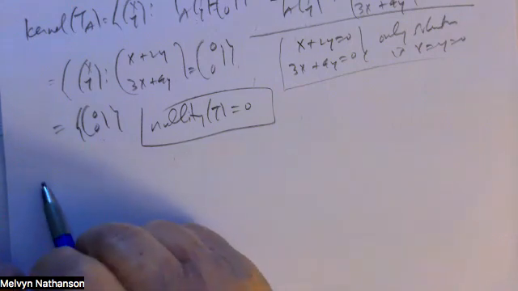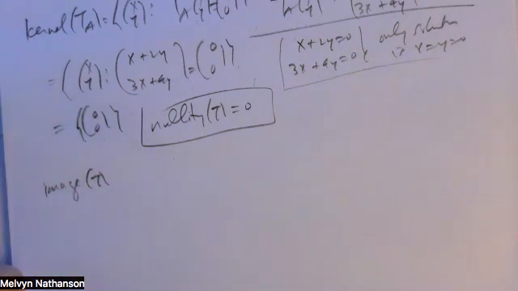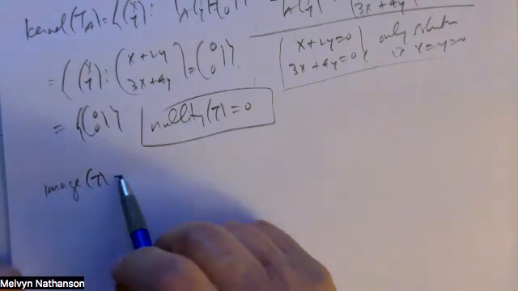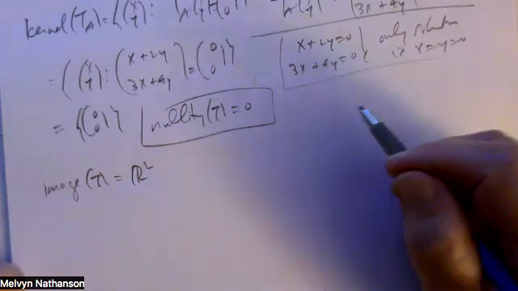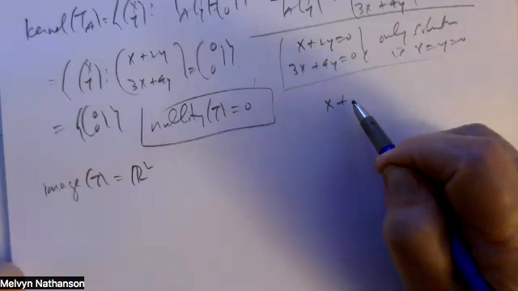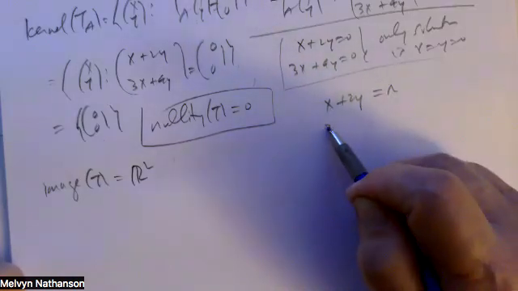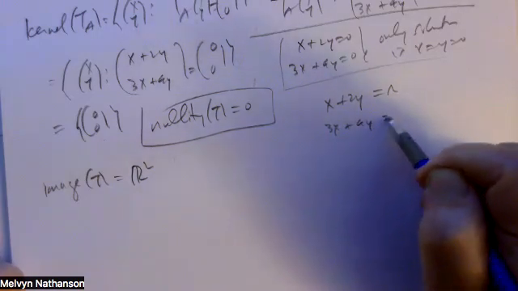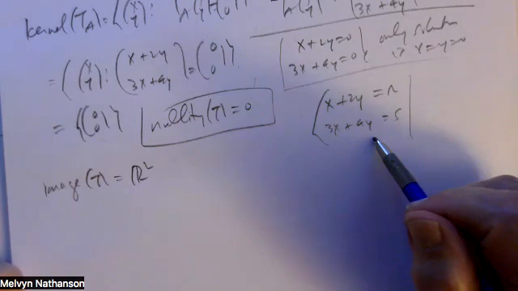And what is the image of T? Well, the image of T is going to be all of R2, because if I take any vector (R, S), let's say, I want to know whether I can solve the equations x plus 2y equals R, 3x plus 4y equals S. And this system of equations always has a unique solution.